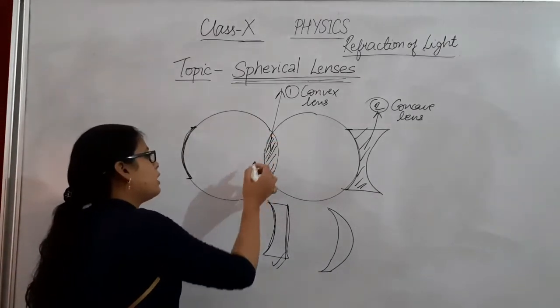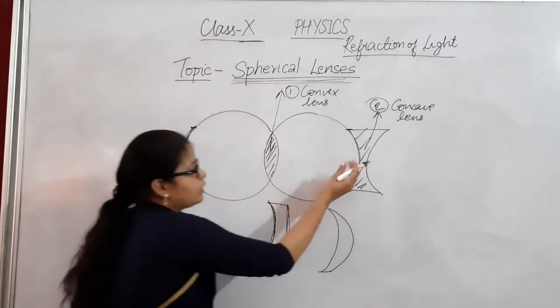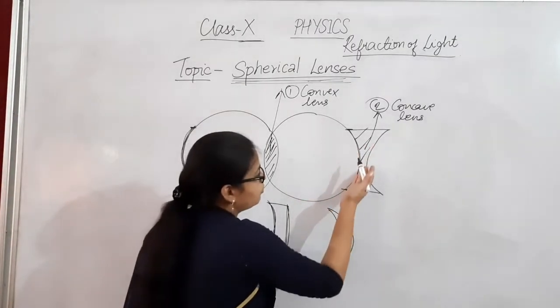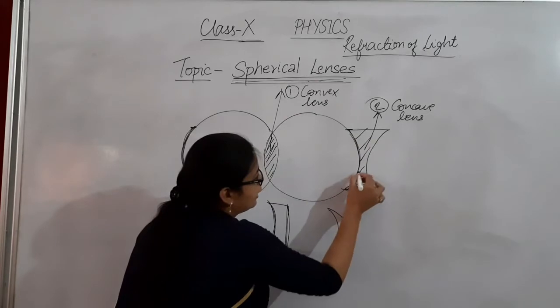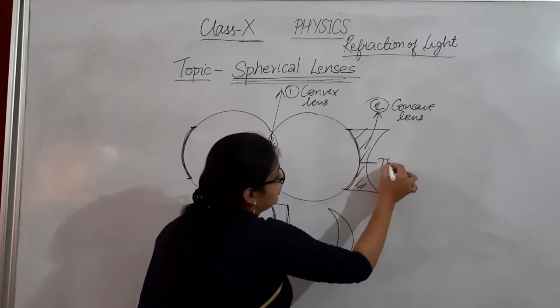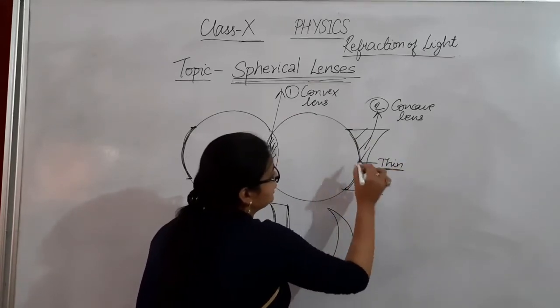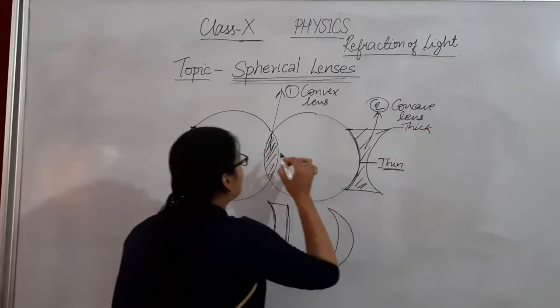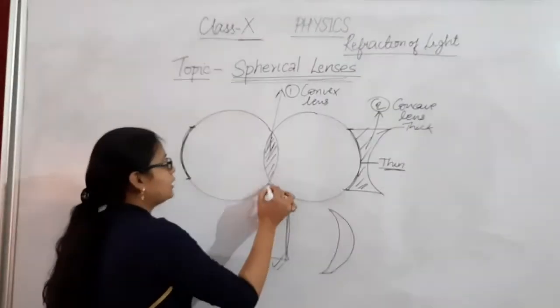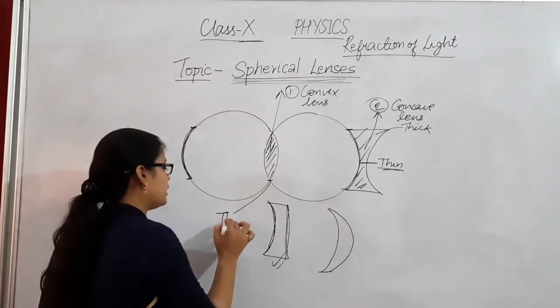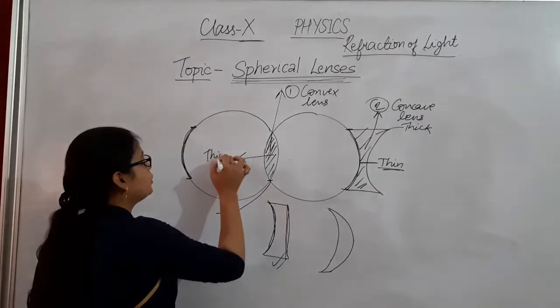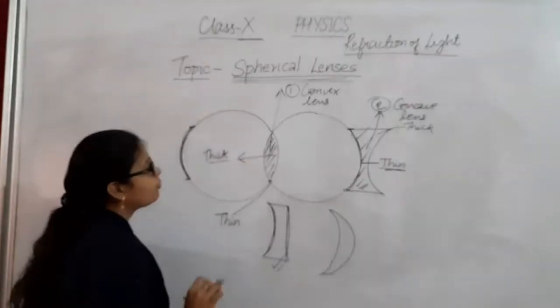The concave lens, I have told you, is bulging inward, which means it is thin at the center and thick at the edges, while the convex lens is thin at the edge and thick at the center, as you can see in the diagram.